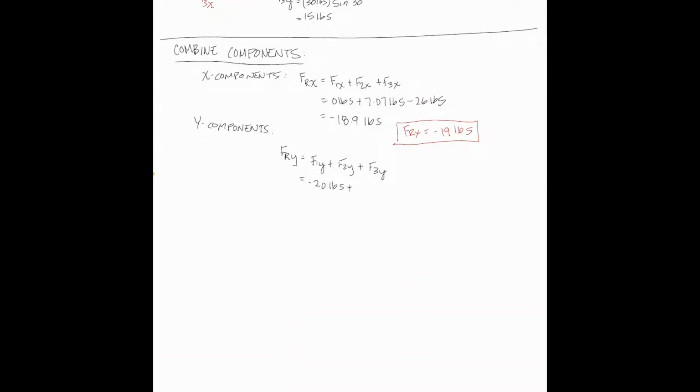F2y, we had 7.07 pounds, and F3y we had 15 pounds. So if we add those up, we get 2.07 pounds. Again, I'm just going to round mine. Your teacher might be different, but I'm just going to say it's 2 pounds.